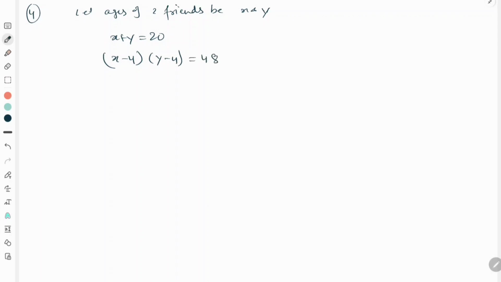So first, now we have to convert this equation into one variable, and to do that we will find out the value of one variable from this equation. So from this equation we find out the value of y, and then we will put the value of y in this given equation.